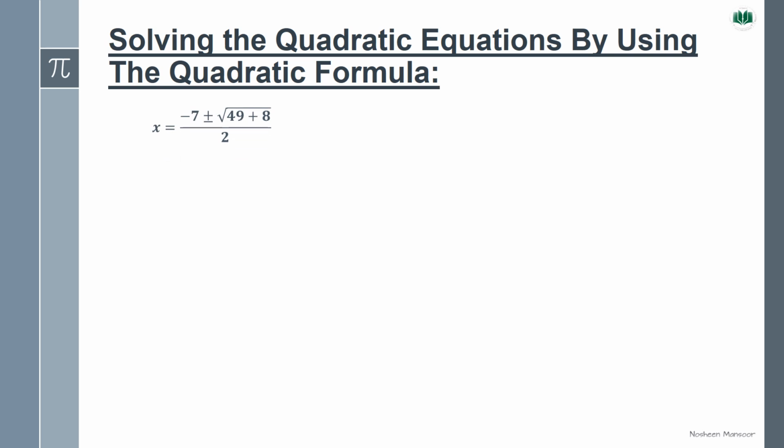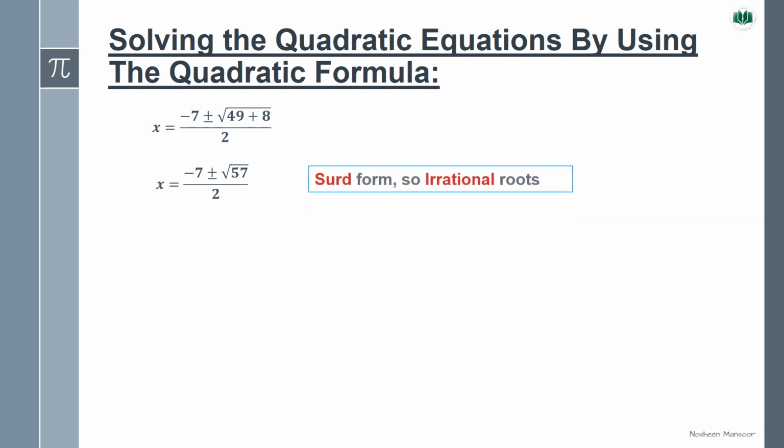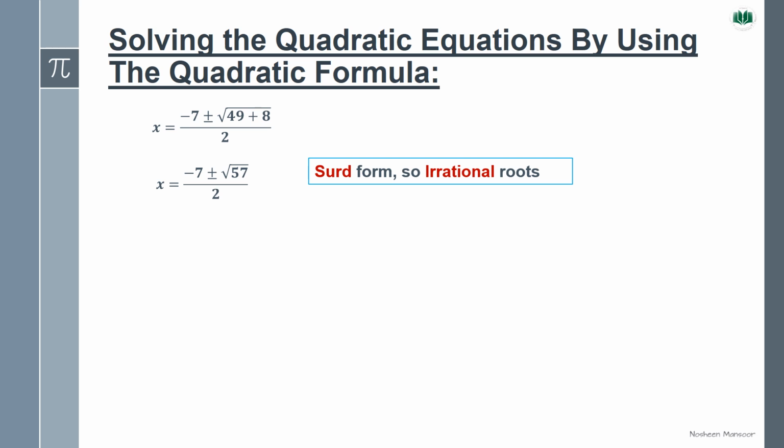By simplifying it, x is equal to minus 7 plus minus under the root 49 plus 8 by 2. x is equal to minus 7 plus minus under the root 57 by 2. Now observe these roots. Here under root 57 is a surd, so these roots are irrational. So the roots of the given quadratic equation 2 minus x square is equal to 7x are irrational.